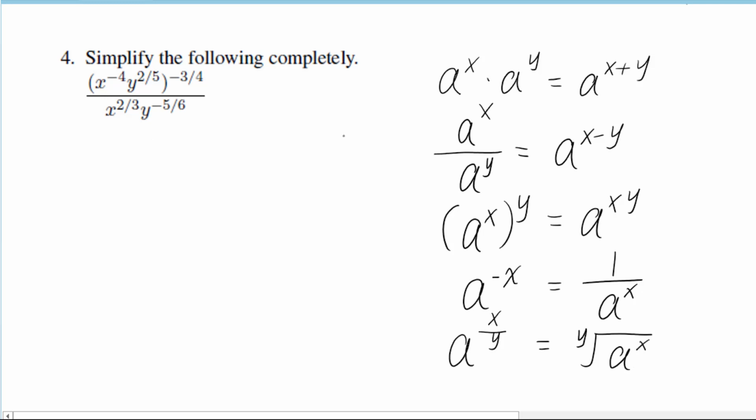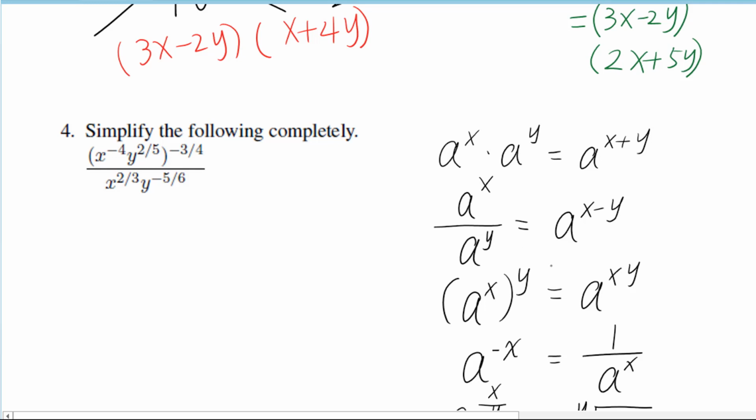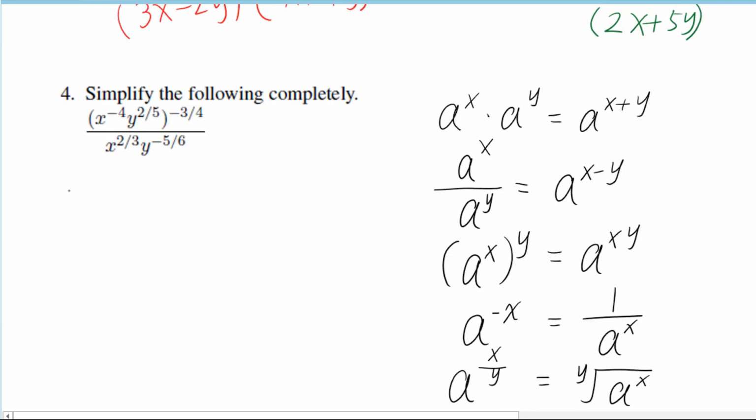We got to use this rule to simplify these expressions. When you have x to the negative 4, y to the 2 over 5th power, then we do negative 3 over 4th power.